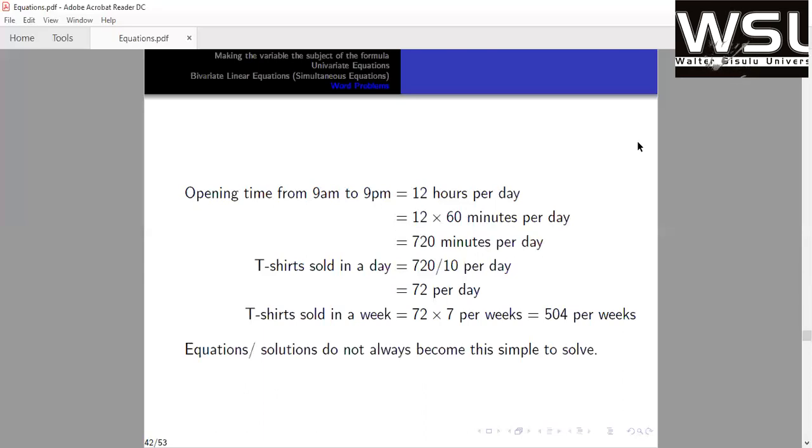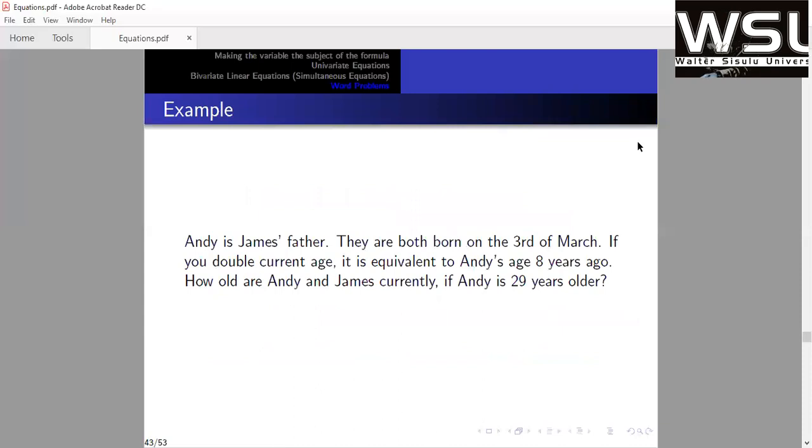Of course, in this question, equations did not form part of our solution. It was just a simple calculation using one's logic. In some cases, on the other hand, you will be required to apply some formulation.